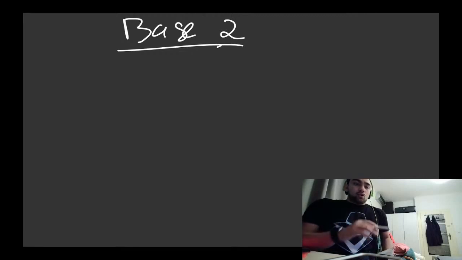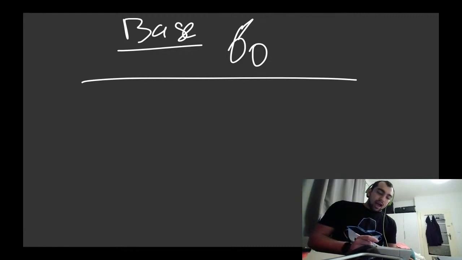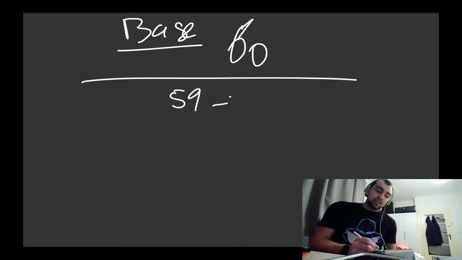So yeah, we took a look at bases. Now in base 60, by the way, these are other applications. We use time in base 60. When we're dealing with the seconds, after 59 seconds, this becomes 1 minute.